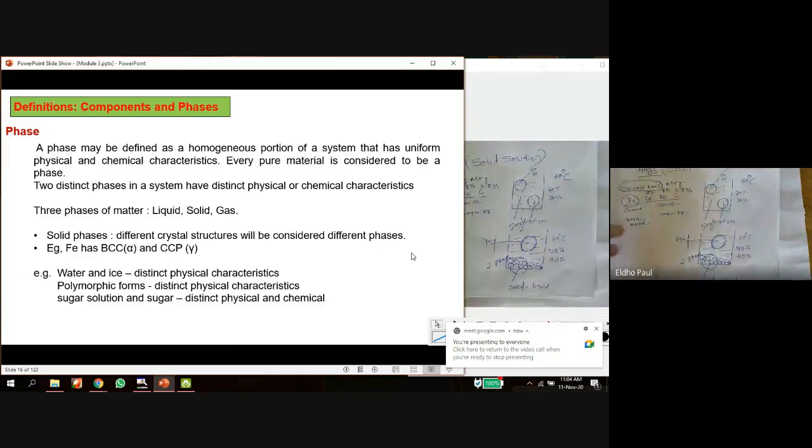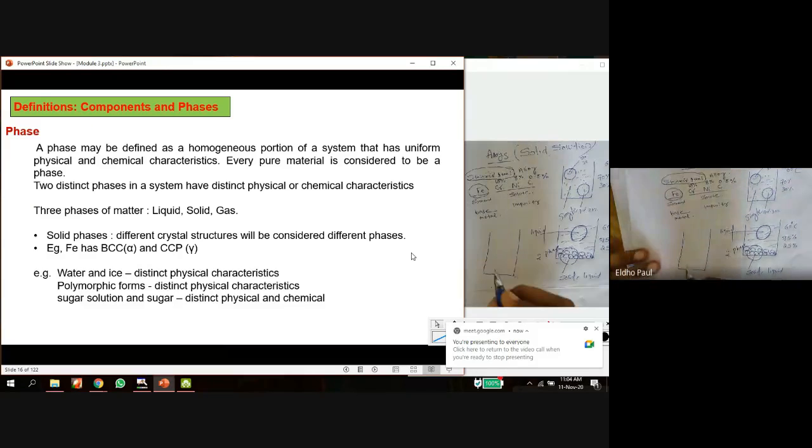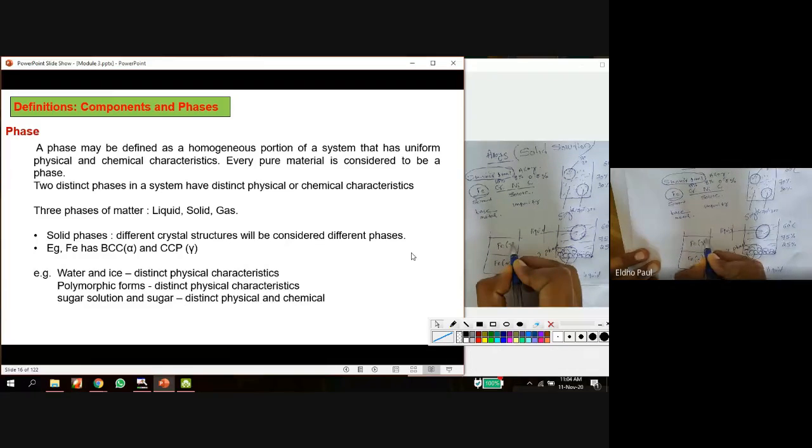If you take a container, and I fill the bottom portion with alpha iron, and the top region with gamma iron.